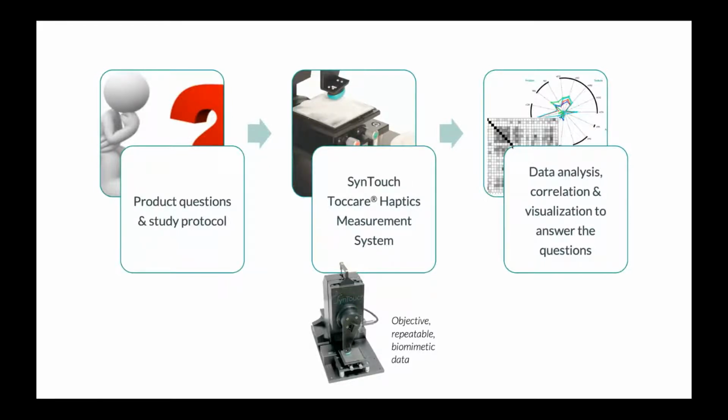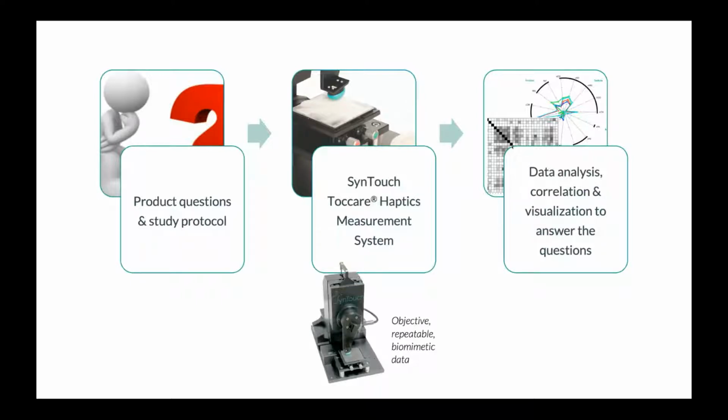And the bubble to the right here is data analysis, correlation, visualization to answer that question. So the structure of the experiment is such that we're going to produce data that can be visualized, manipulated, and adjusted in such a way that we're not just collecting data for data's sake, but we're collecting data that will lead us to an answer, that will deliver value to that question.